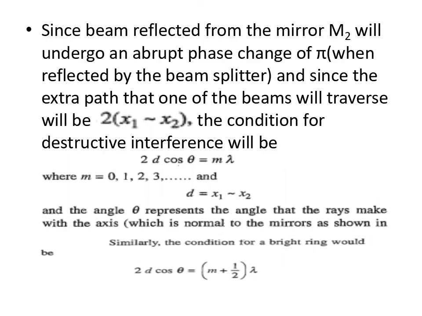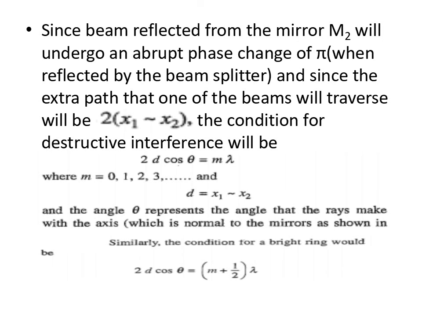Now since the beam reflected from the mirror M2 will undergo an abrupt phase change of pi when reflected by the beam splitter, and since the extra path that one of the beams will traverse will be 2 times x1 minus x2, the condition for destructive interference will be 2d cos theta equal to m lambda, where m is equal to 0, 1, 2, 3, etc., which implies that the central fringe will be a dark one.